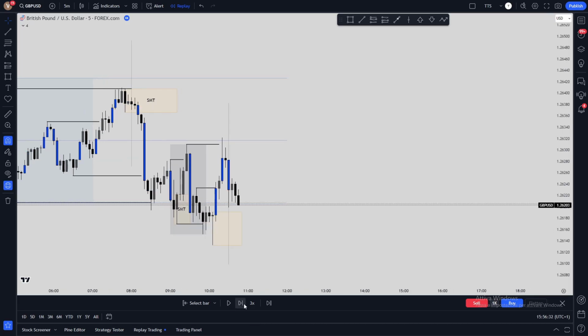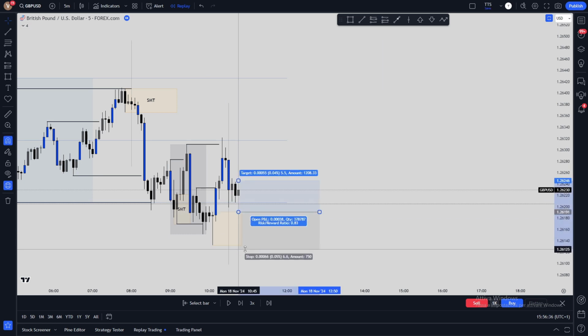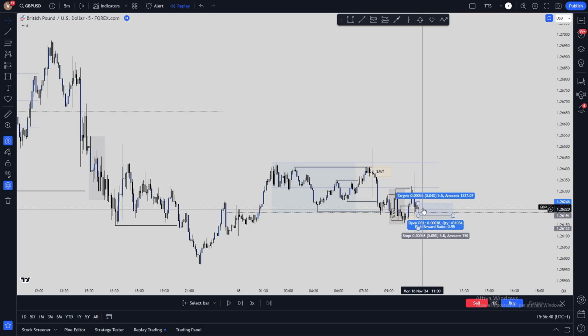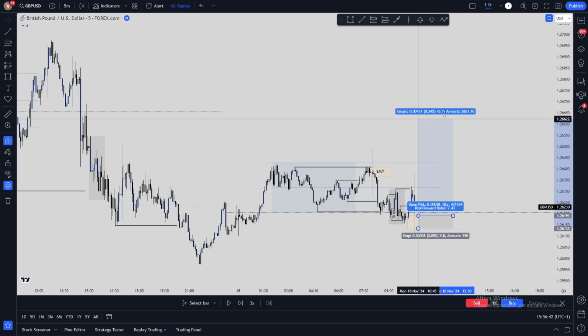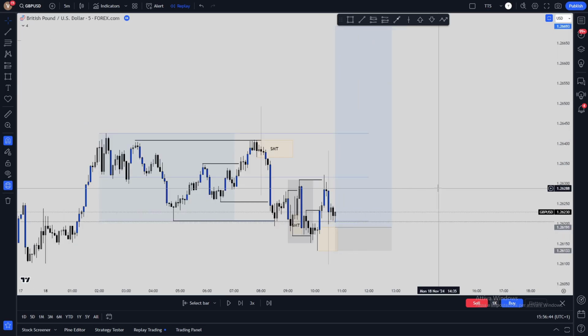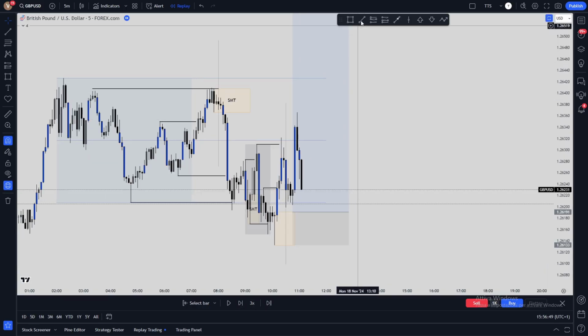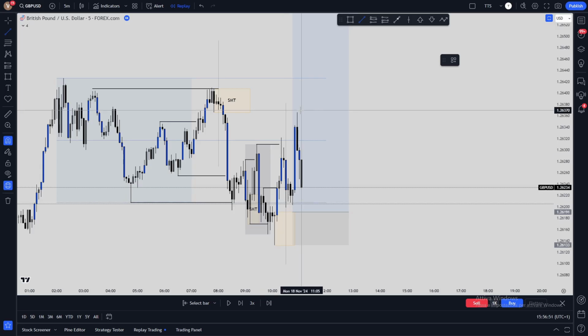And then let's see if price gave me an entry. Ah yeah, because we also posted it in the previous video. So this was our entry, final TP, this one here. Now we also create this movement, which makes this entry very powerful, because we also created liquidity before.